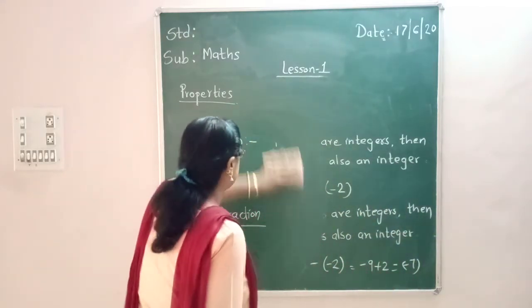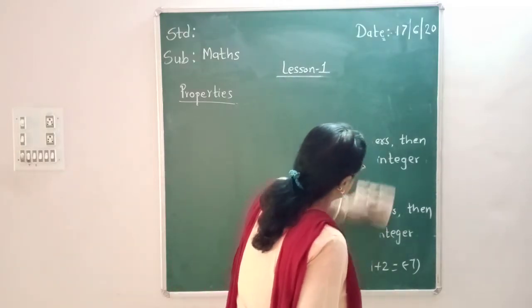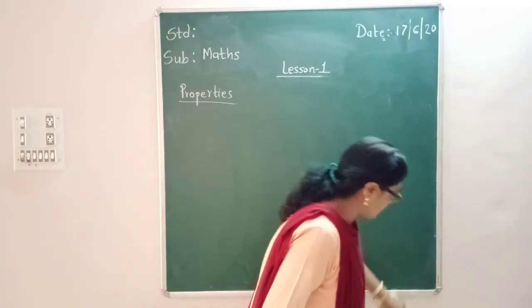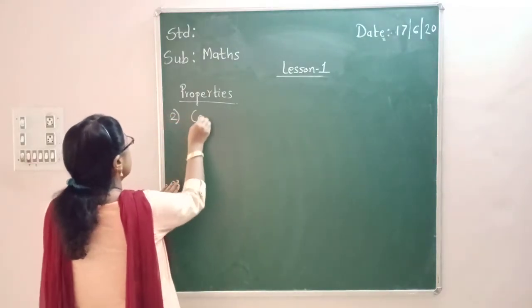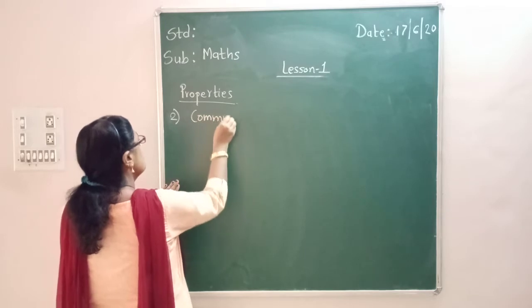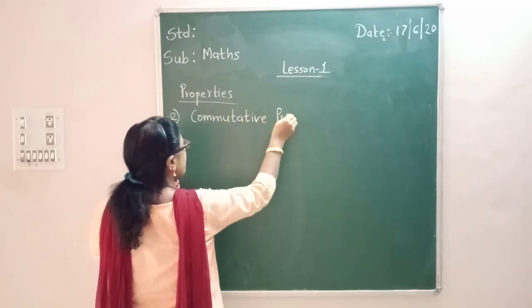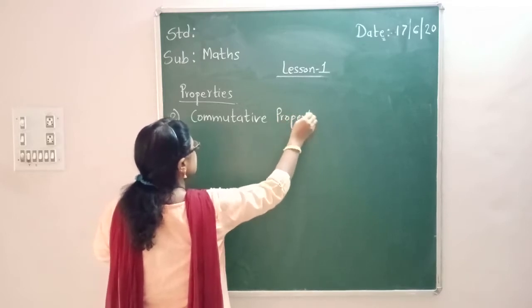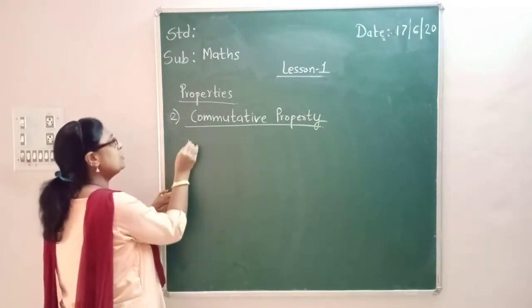Second property. Now the second property is commutative property. Now let us see what is commutative property.